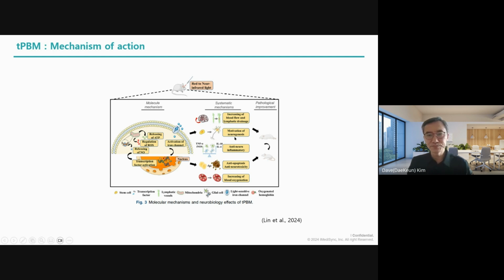And we can also see the neurogenesis, anti-neuroinflammation, anti-apoptosis, anti-neurotoxicity, and also increase of the blood flow. That's how you can permanently have the pathology changes.